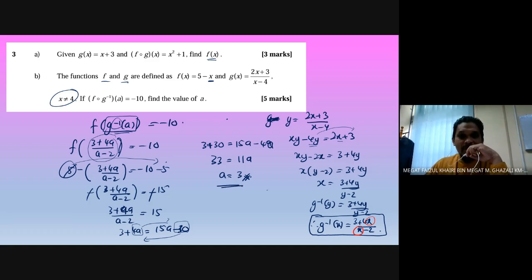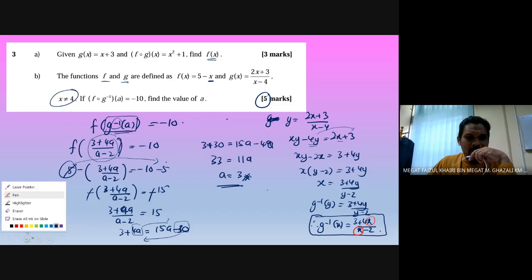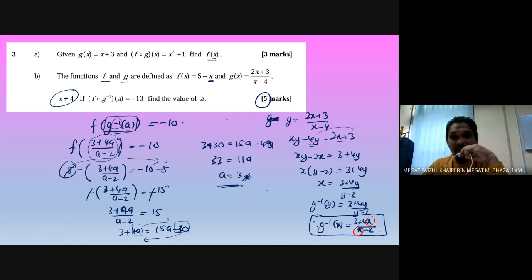Okay, now class, I forgot something. Never mind. For this question, it provides you with 5 marks. I will share with all of you how we give marks for this. Because it involves g inverse, we need to find the g inverse first.